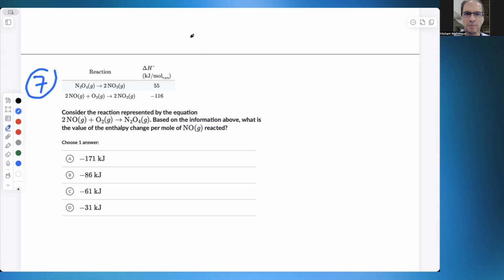Okay, try again. So these are the 2 equations. Just have a look what happened here and what happened here. This is NO and this is NO. So I'm helping you.